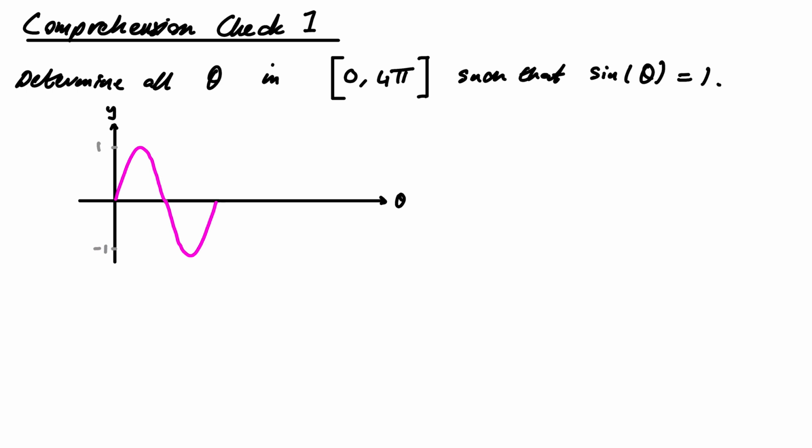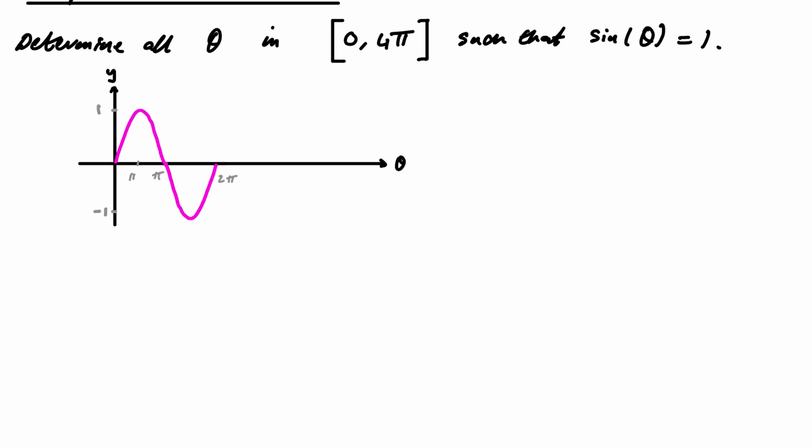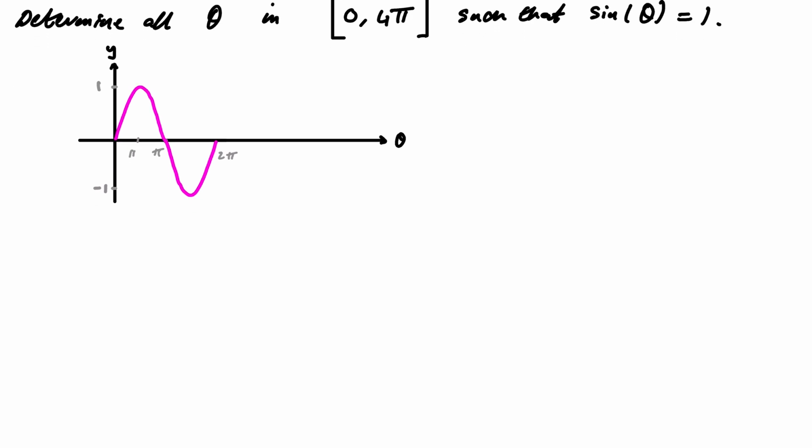Okay, so this point here is pi, this point here is 2 pi, this point here is pi over 2. Sorry, something weird's going on. So it's pi over 2 here.